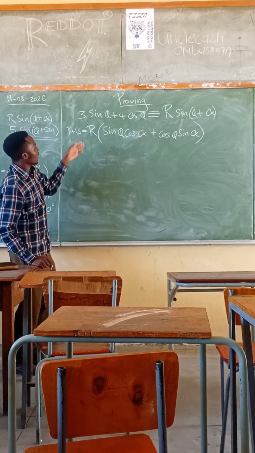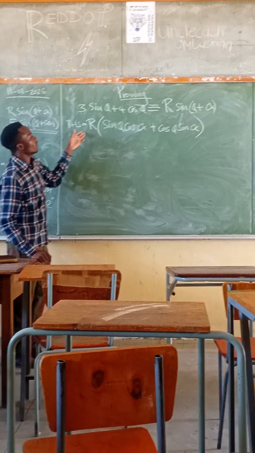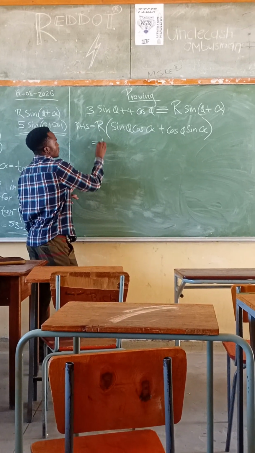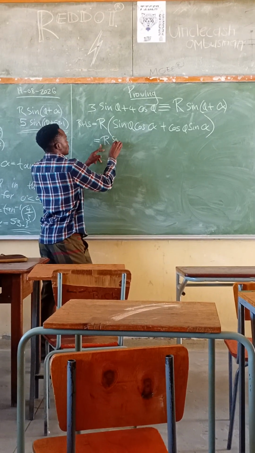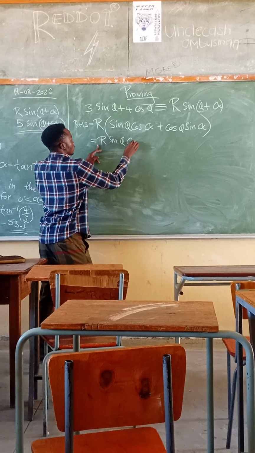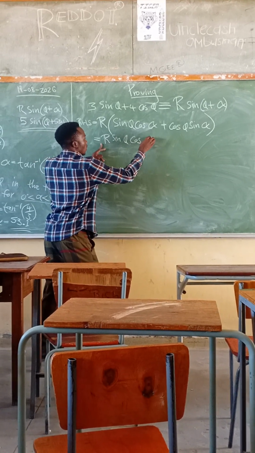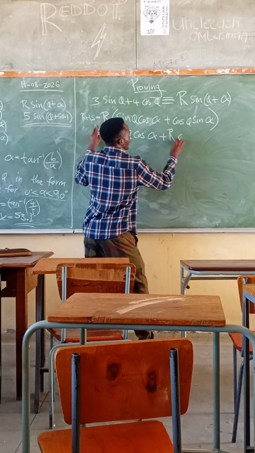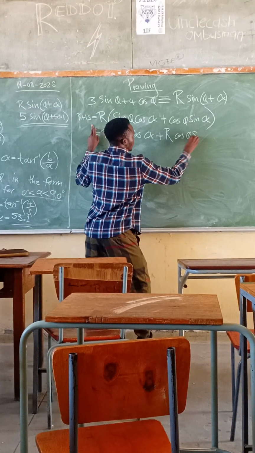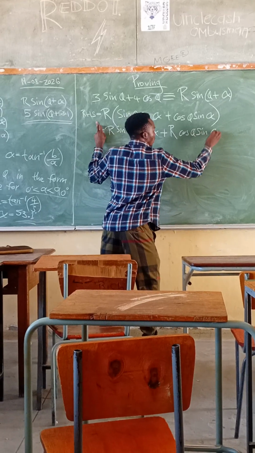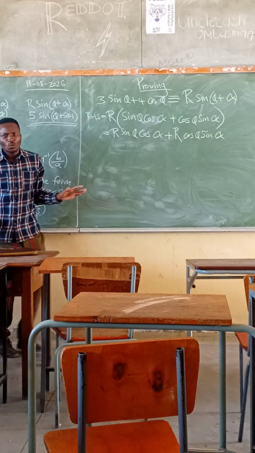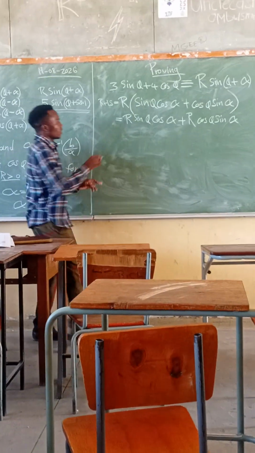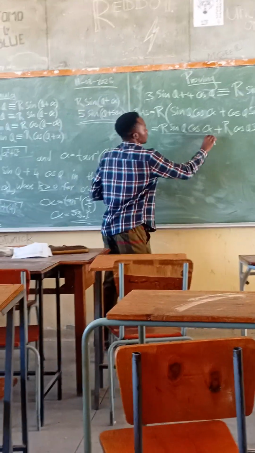Then R is again multiplying whatever we have in the bracket: R sin theta cos alpha, and then plus R cos theta sin alpha.